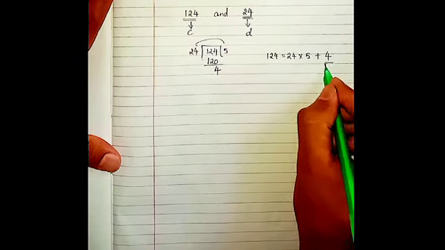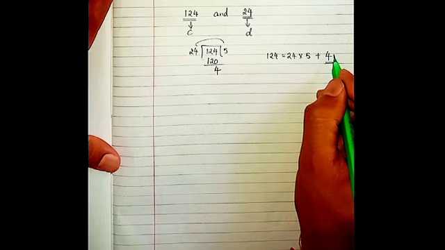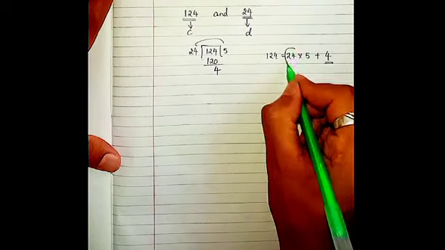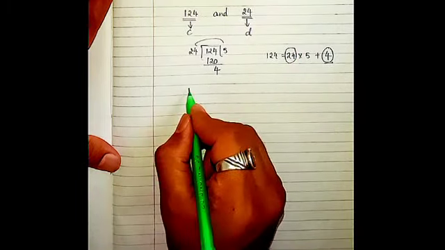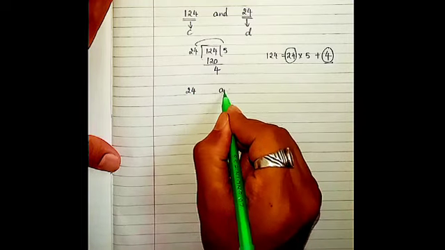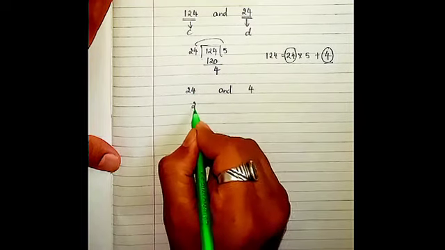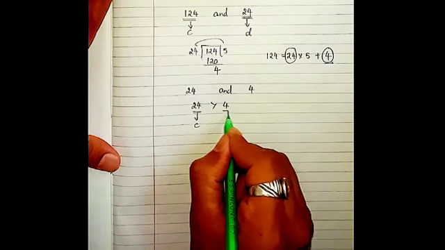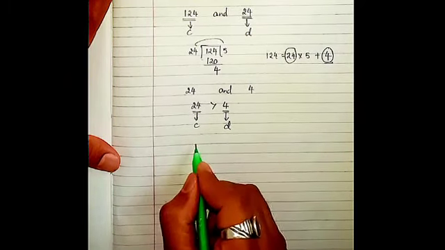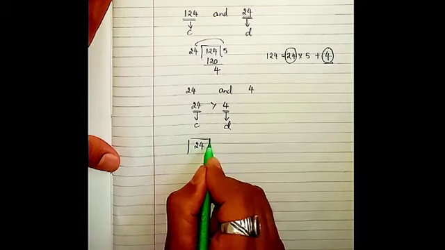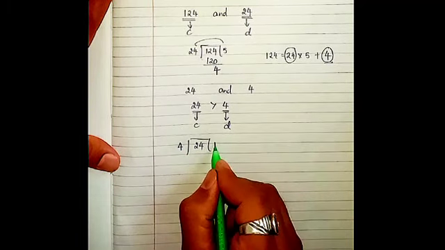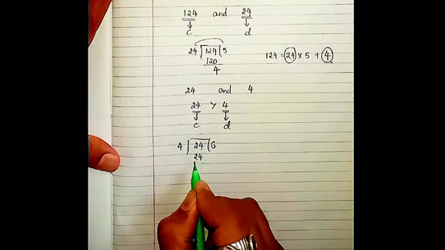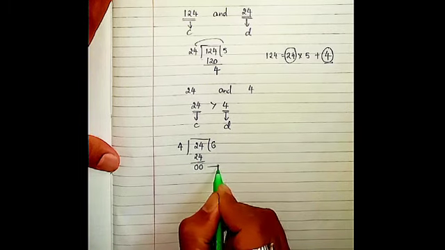I can again see that the remainder value is not equal to 0, so we have to consider these two numbers and we have to proceed with Euclid's division lemma. Since 24 is greater than 4, this value I will take as C and this as D and apply division. So clearly 4 sixes are 24 and I will get remainder 0.